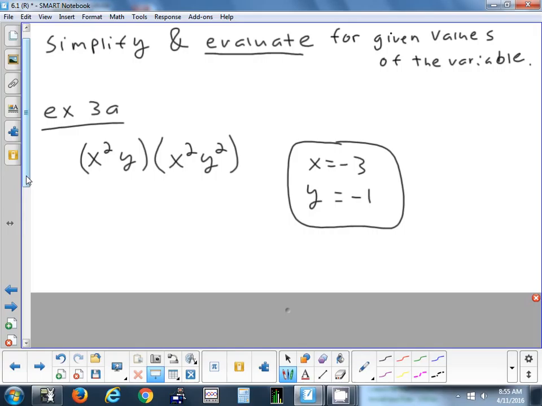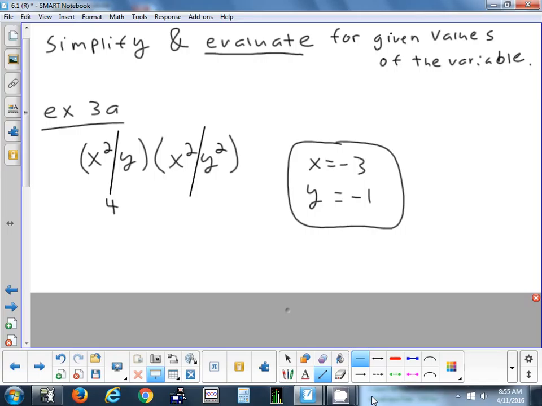So, Chloe, when I simplify my x's, what am I going to get? Okay, what else do I have to put? I like the 4. I'm gonna make the 4 small, Chloe. I like that.